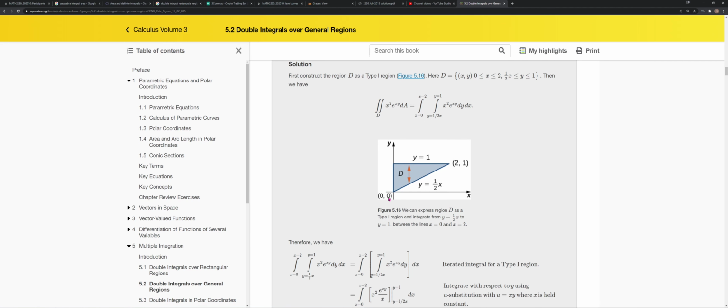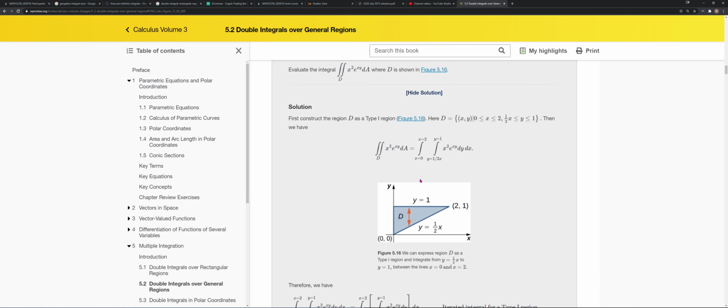Here, the top is this horizontal line and the bottom is this line with positive slope. So your top is y equals 1 and the bottom is y equals half x. The y is going to lie between the bottom curve, half x, and the top curve, 1, and the x values lie between 0 and 2.